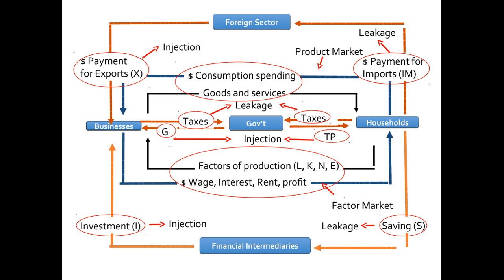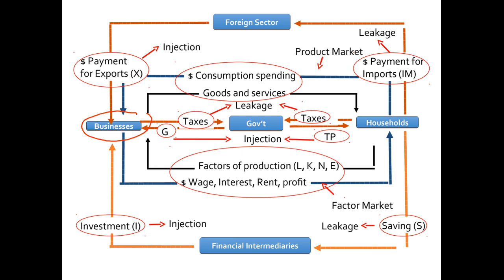What we are interested in is that the government is receiving money from both the household sector and the business sector in the form of tax revenues. On the other hand, the government is also buying goods and services from the business sector. We don't call it consumption expenditures or consumer spending, because when the government, federal or provincial, spends money buying goods and services, this is what we call government expenditures.